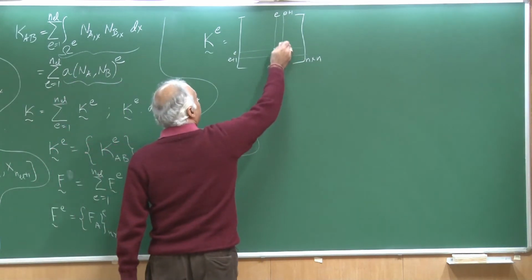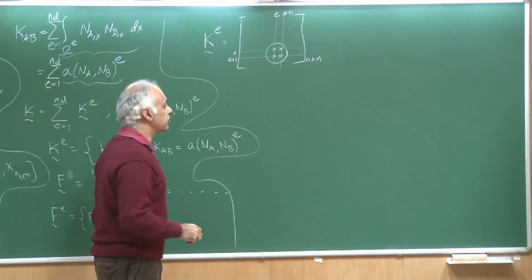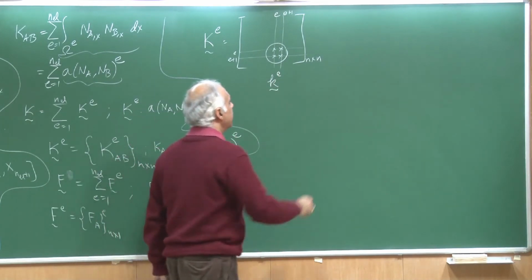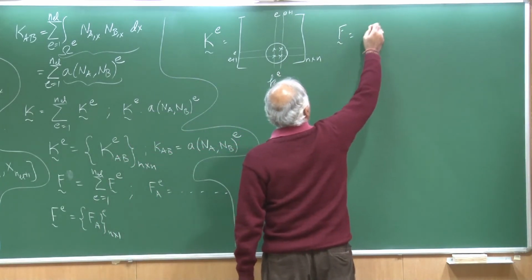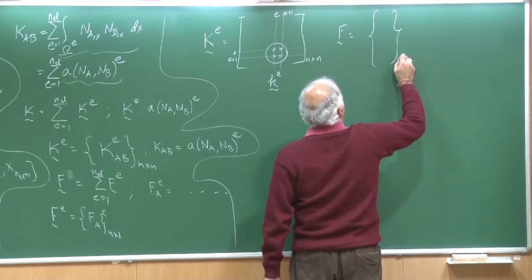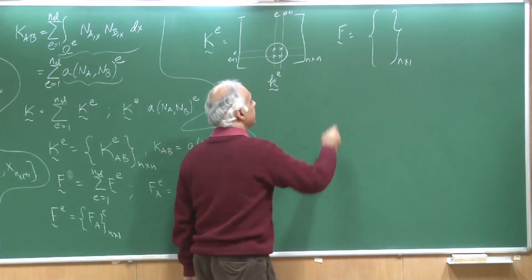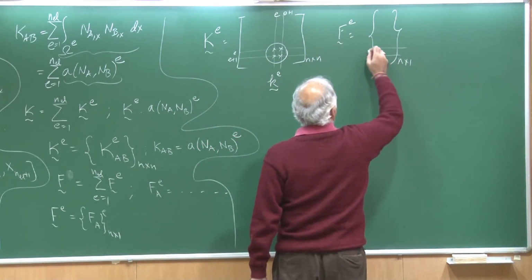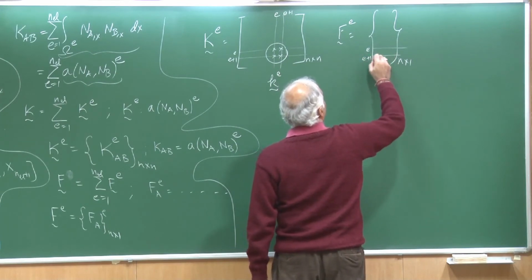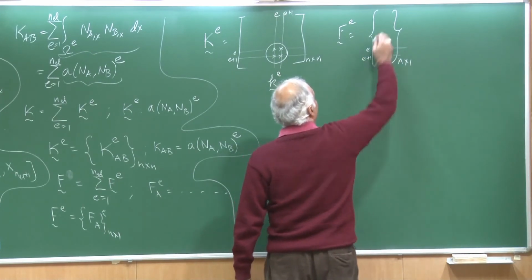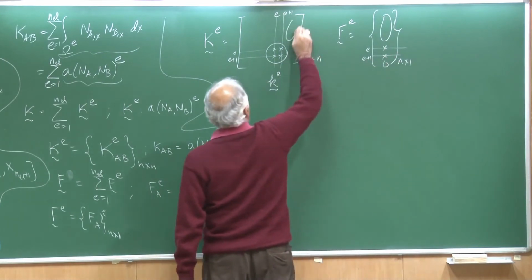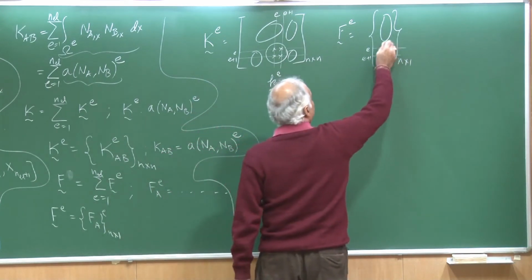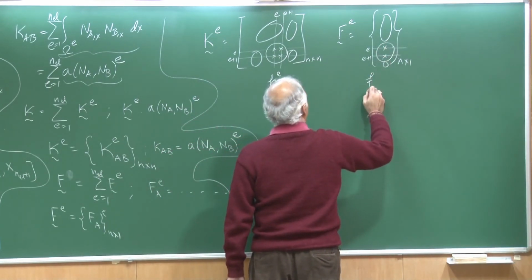This little part is the only one that I am going to store, and this I am going to call as Ke. Similarly, F would be an n cross 1 vector, in fact Fe, but only a small part of it, E and E plus 1. These are the only two non-zero quantities, all others are 0. So, I can write zeros here, and this little guy is actually Fe.